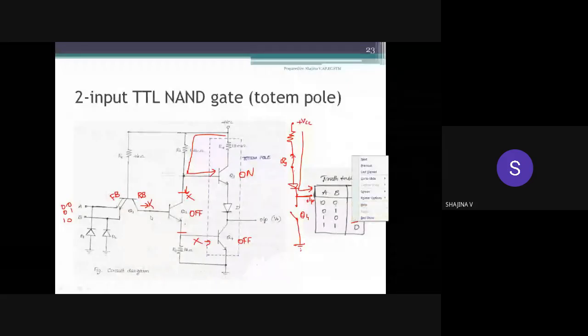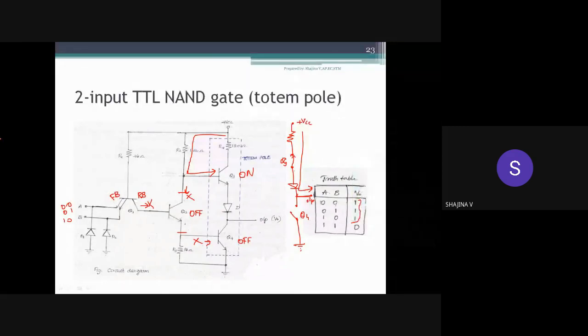So in this case, consider any one of the inputs is 0. When any one of the inputs is 0, or when both the inputs are 0, this base emitter junction will be forward biased, that means conducting, and the collector base junction reverse biased, that will not be conducting, and there will not be enough voltage to turn on the transistor Q2, that is Q2 will be in off condition.